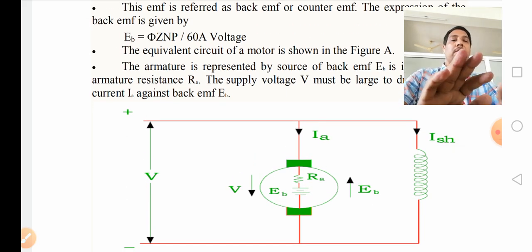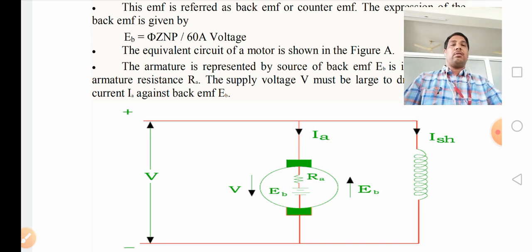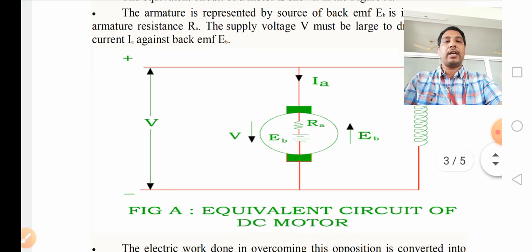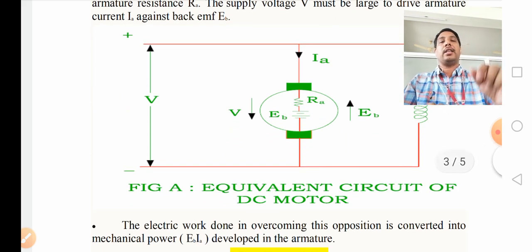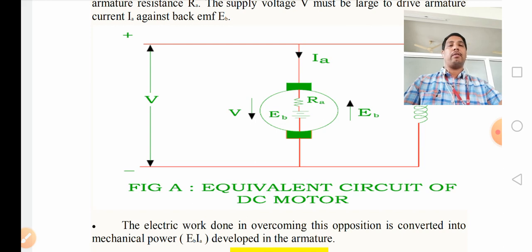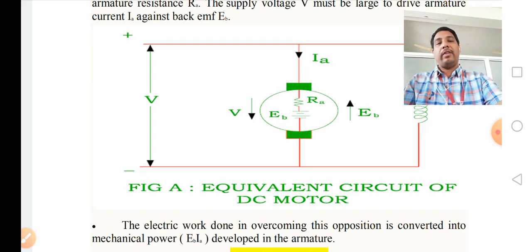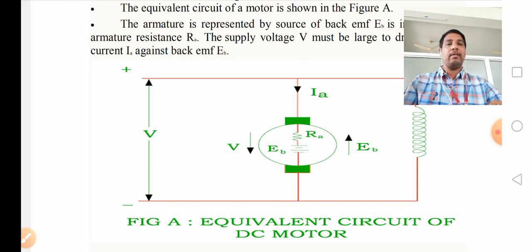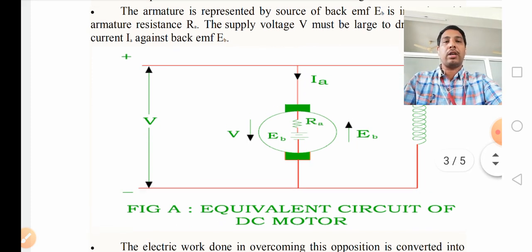Shunt type means the field winding is connected in shunt with the armature winding. If the armature winding and the shunt field winding are both connected in parallel, we call it a shunt type motor. If the field winding is connected in series with the armature winding, then we take it as a series motor.